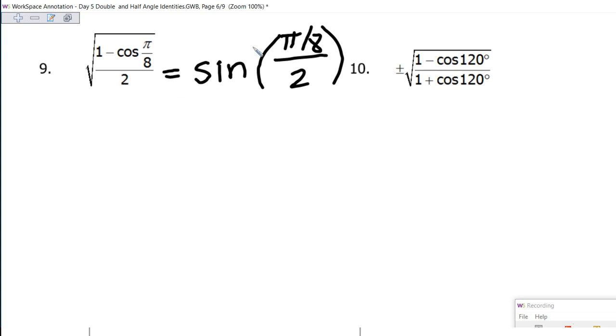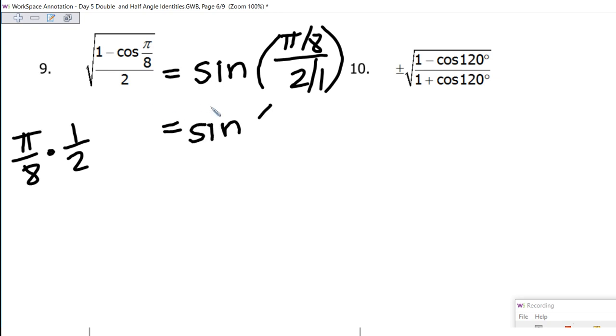So if I make this 2 over 1, yeah, I'd multiply by the reciprocal. The reciprocal would be 1 over 2. And pi over 8 times 1/2 is pi over 16. And is pi over 16 one of the trig values we memorized on the unit circle? No. So we stop here. Sine of pi over 16.